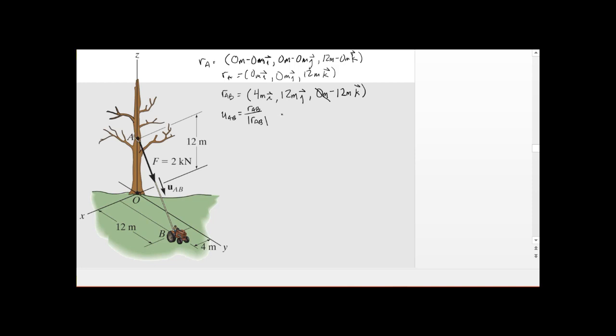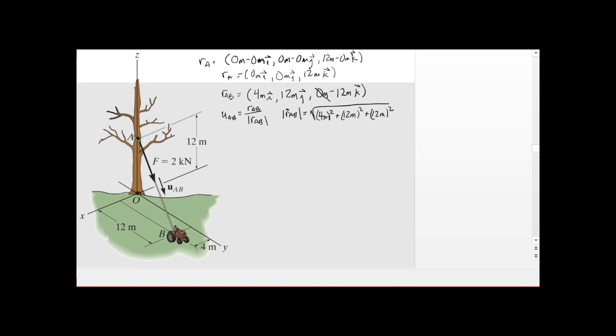The RAB magnitude is equal to the square root of 4 meters squared plus 12 meters squared plus 12 meters squared.